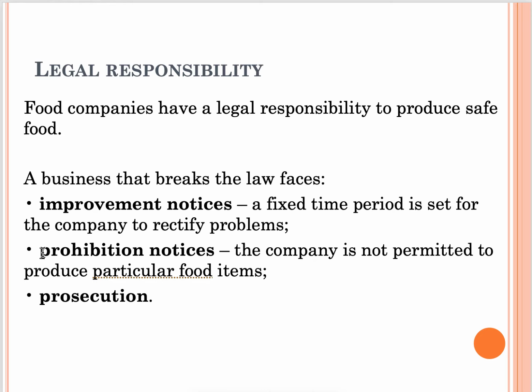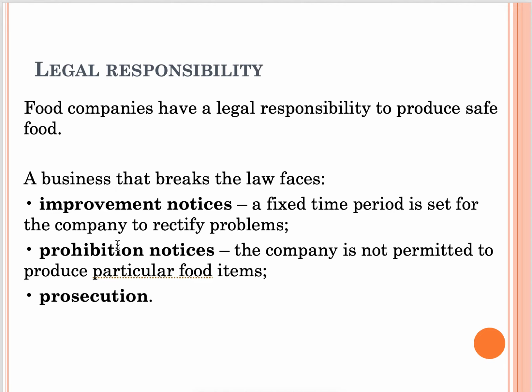Or they may get prohibition notices. That means you have to shut down your company, you cannot produce food any longer. Or they may have to face prosecution. They may have to get some punishment. Which kind of action they have to face depends on the types of problems.